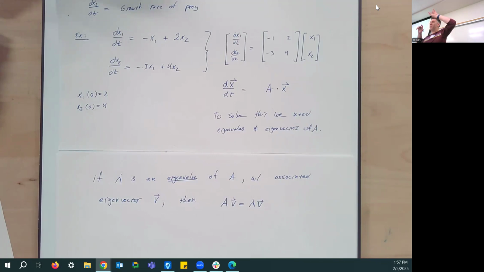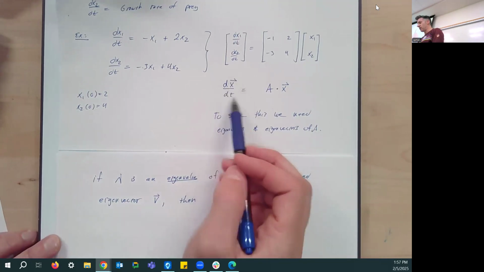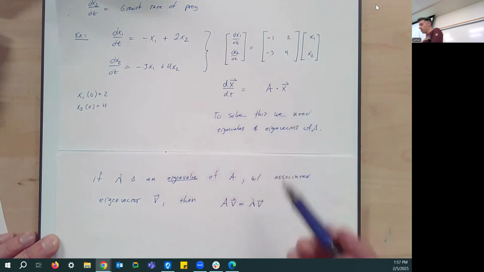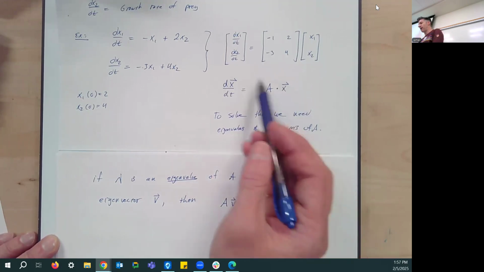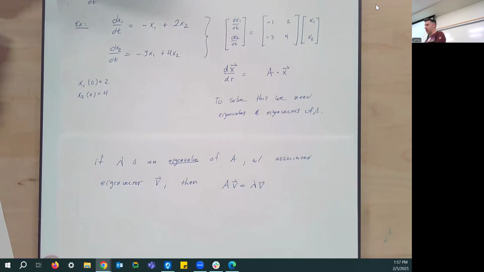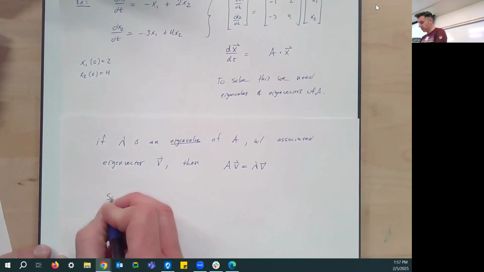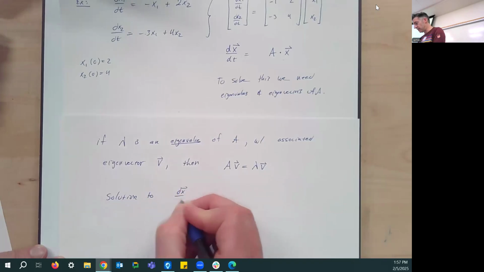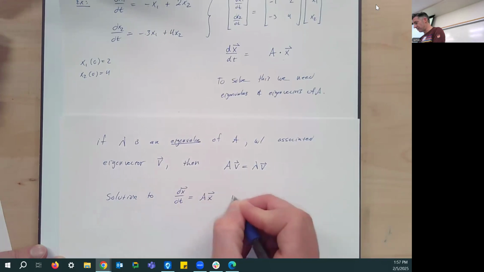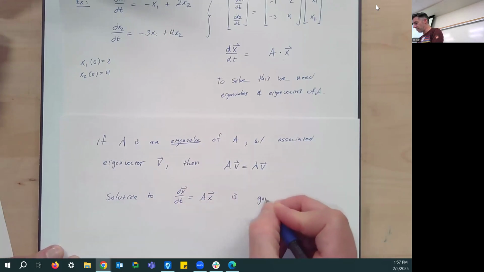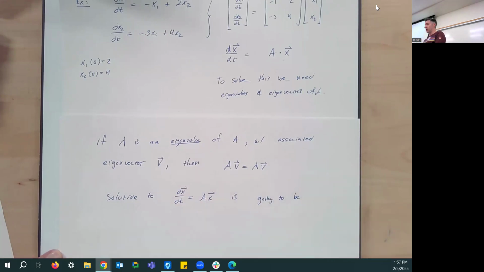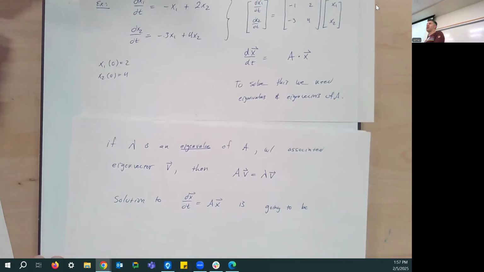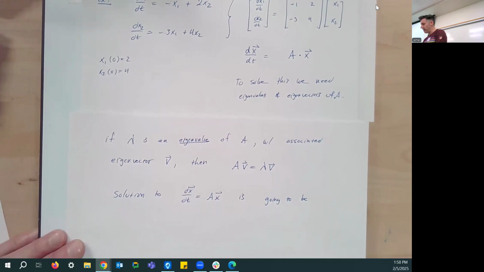We're looking for that to happen because we essentially want the derivative to give a multiple of itself. So when we're trying to solve this, we're looking for that kind of thing. Our solution to dx/dt equal to A times x is going to be the following. It's going to be kind of complicated, but it's essentially our c e to the At, except here's the matrix-vector version of that.